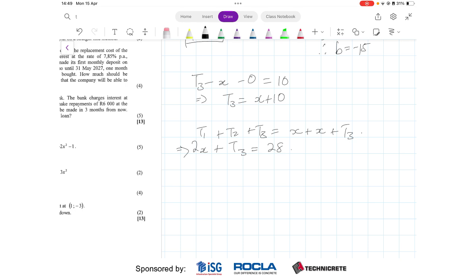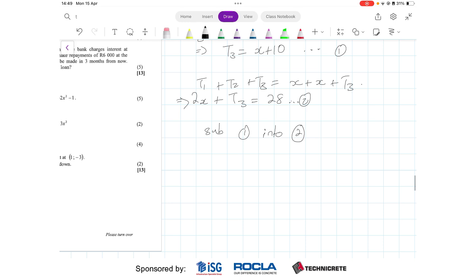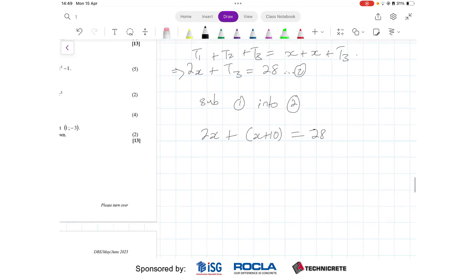Now, since we know this, and we know that t3 is equal to x plus 10, let's name this equation 1, and let's substitute 1 into 2, and we will name this 2. When we substitute that, this will give us 2x plus t3, that will be x plus 10, which is equal to 28.